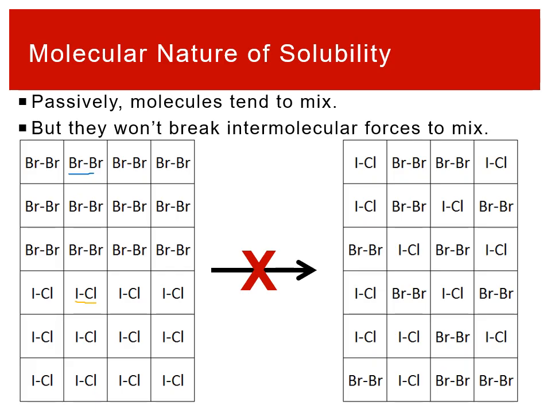If we keep them heterogeneous, that would be something like this, where they are divided, right? We'd have a region of bromine and a region of iodine chloride. That would be distinct from a homogeneous solution where they are all mixed together. And because these have different types of polarity, we would expect this mixing doesn't happen.